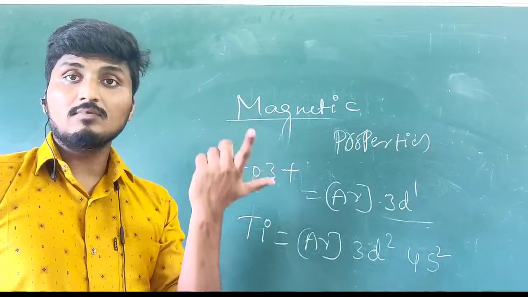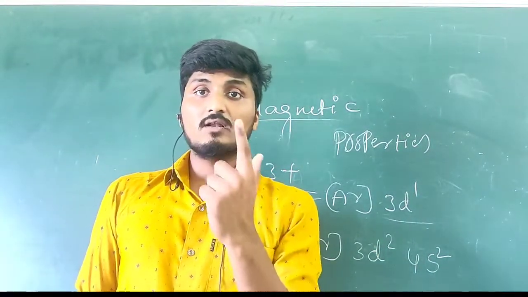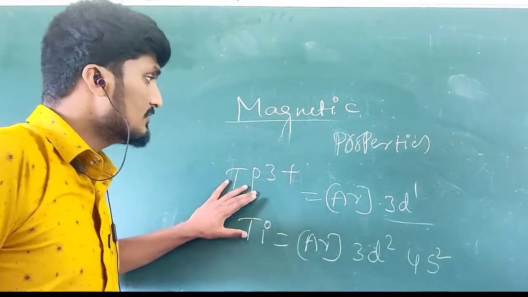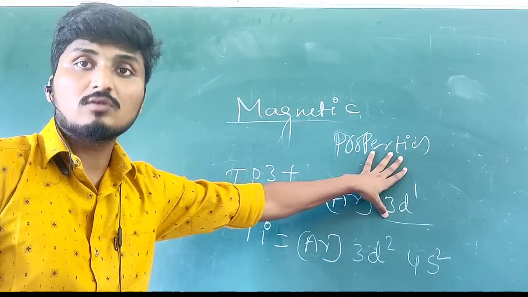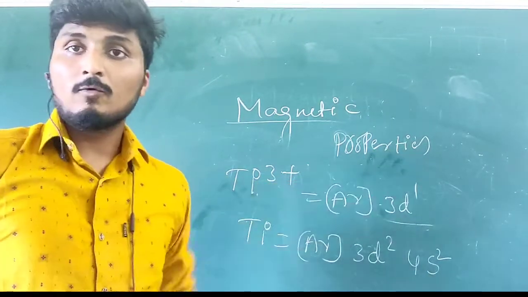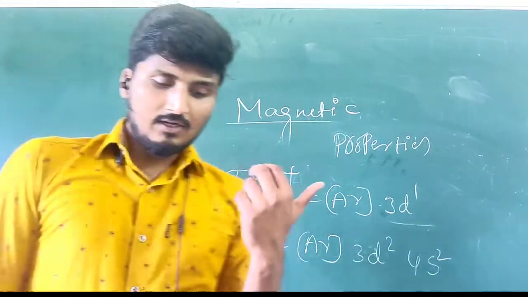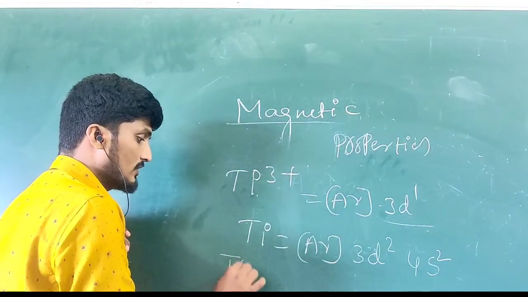So scandium 3 plus ion doesn't have any unpaired electron, so 0 unpaired electrons, 0 magnetic moment. And if you go to titanium 3 plus, 1 unpaired electron is there. How much is it going to come? For 1 unpaired electron we calculated, that is 1.73. Okay. So same, if you are taking titanium 2 plus you can take. If you take titanium 2 plus, how much is it going to come?